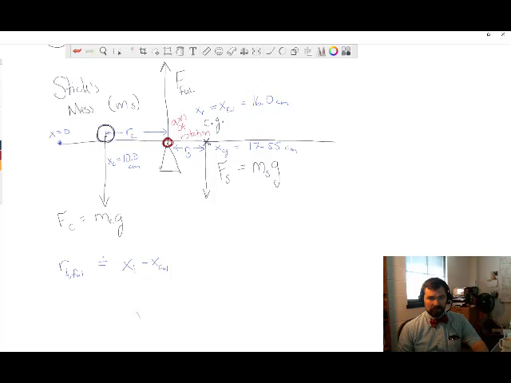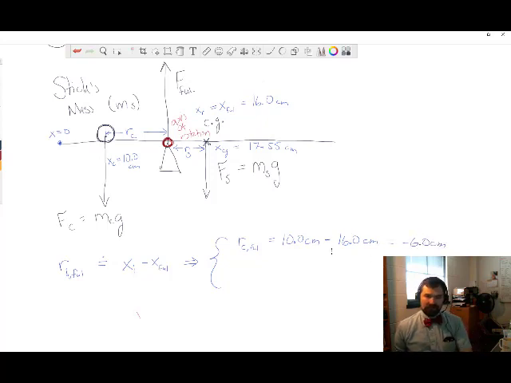We've chosen the location of the fulcrum to be our axis of rotation. What this is telling us is that r for the calibration weight relative to the fulcrum is essentially 10.0 centimeters minus 16.0 centimeters, and so you get negative 6.0 centimeters for that.